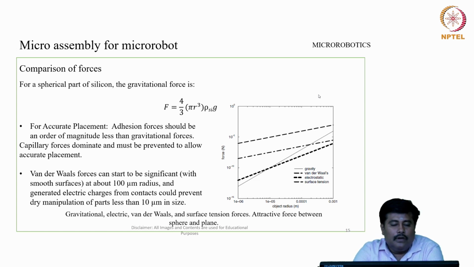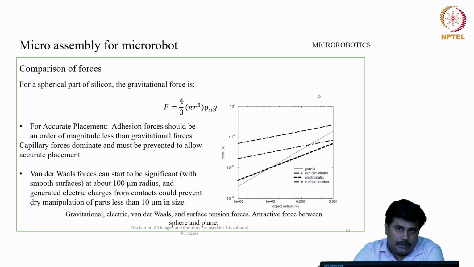When we consider a spherical part of silicon, the gravitational force is F equals 4 by 3 pi r cube rho g. For accurate placement, the additional forces should be an order of magnitude less than the gravitational forces. So the capillary forces basically dominate and must be prevented to allow accurate placement.